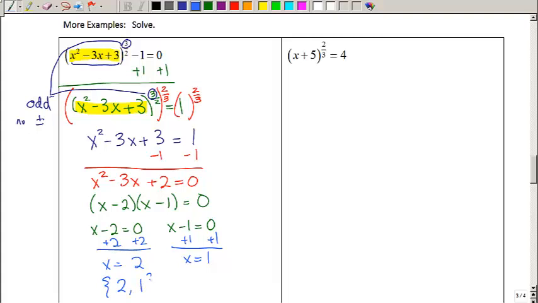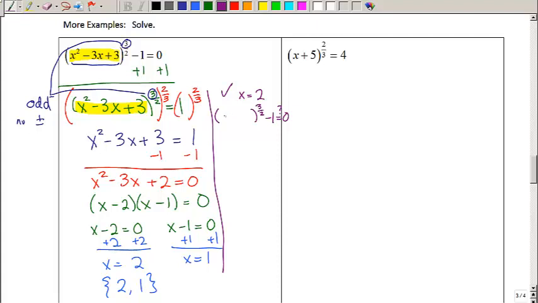Now before I move on to the next problem, I need to make sure that both of those solutions work. Sometimes one of the solutions works, sometimes the other solution works, sometimes neither of them work. So we're going to have to check them independent of each other. First, I'm going to check x is equal to 2.